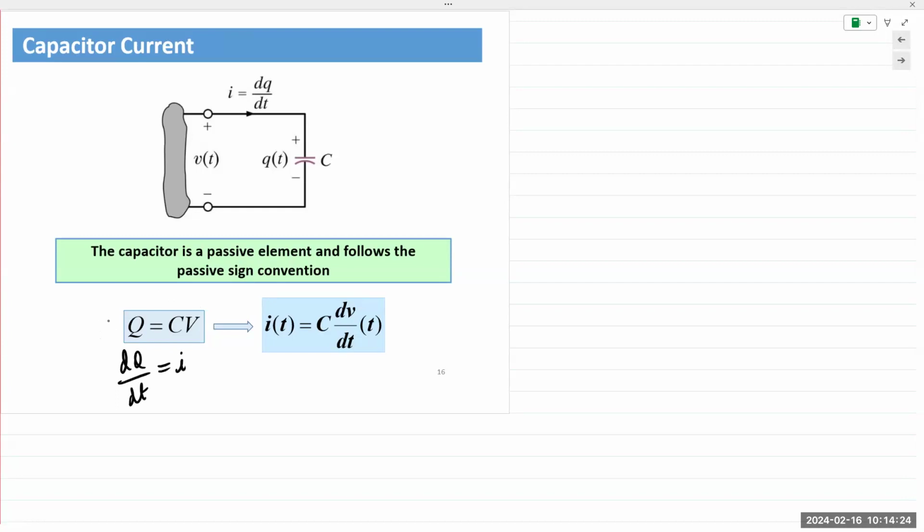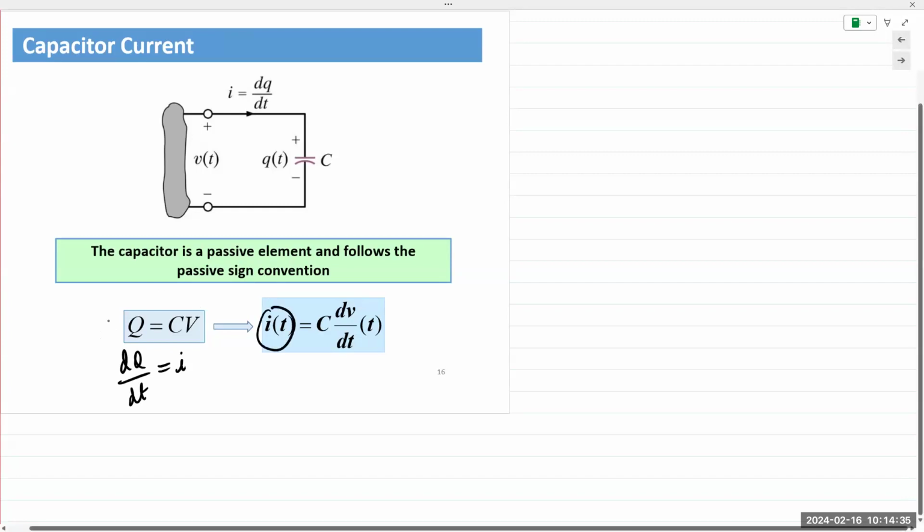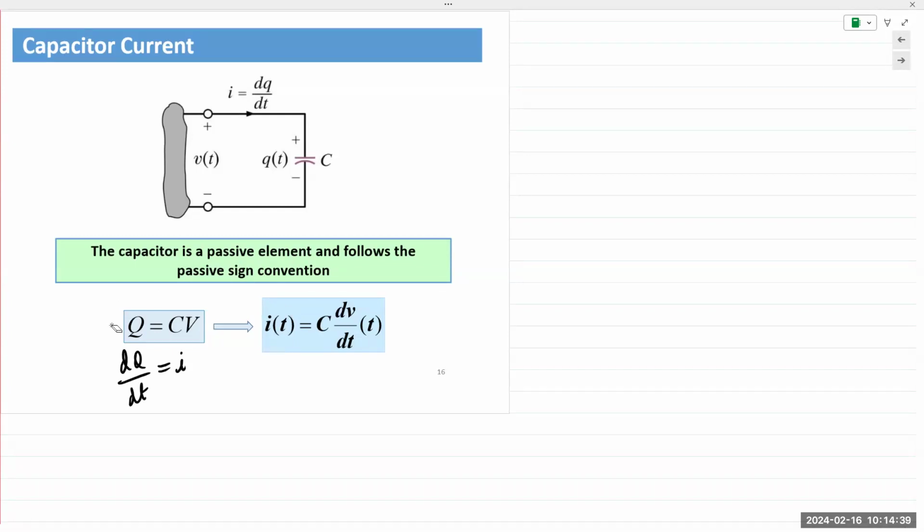Current is the rate of flow of charge. So dq over dt automatically describes current I. So I can write an equation for capacitor current I in terms of the time rate of change of voltage: I equals C dV over dt.